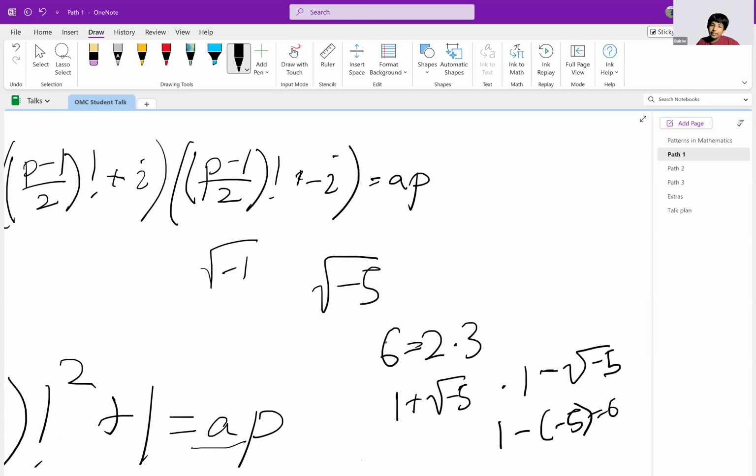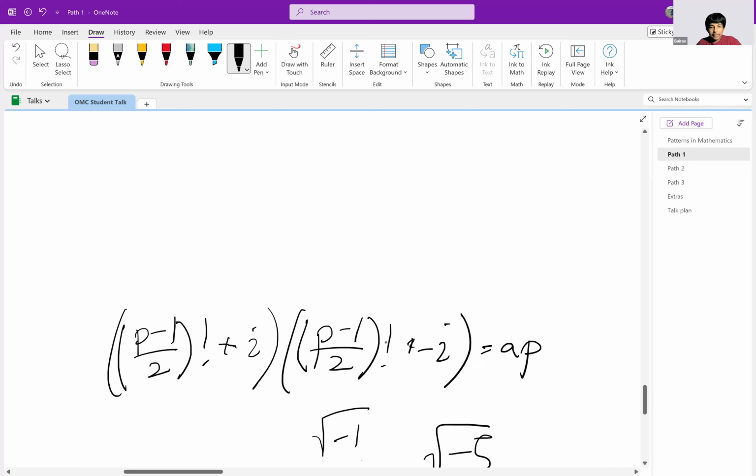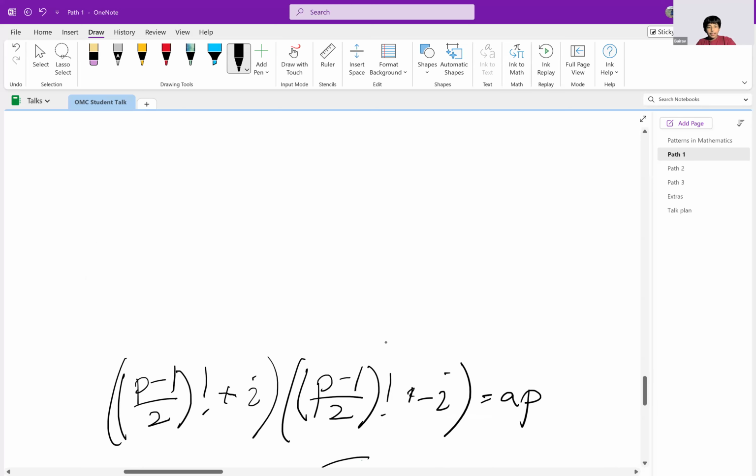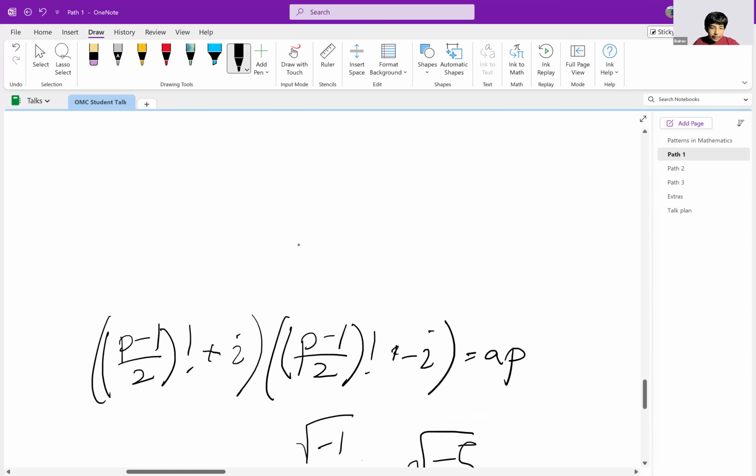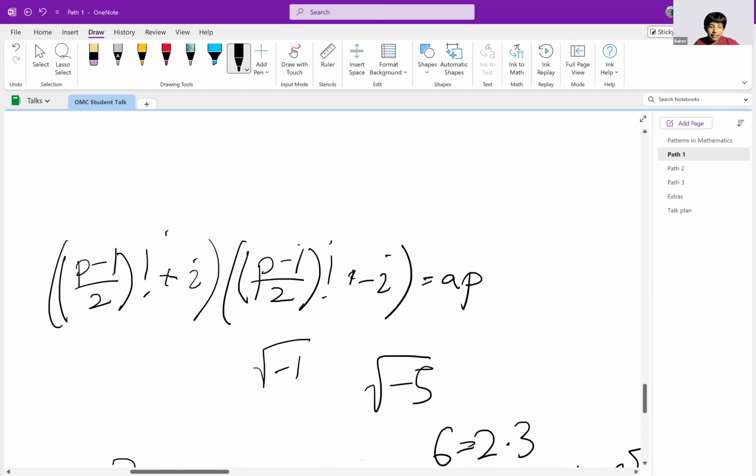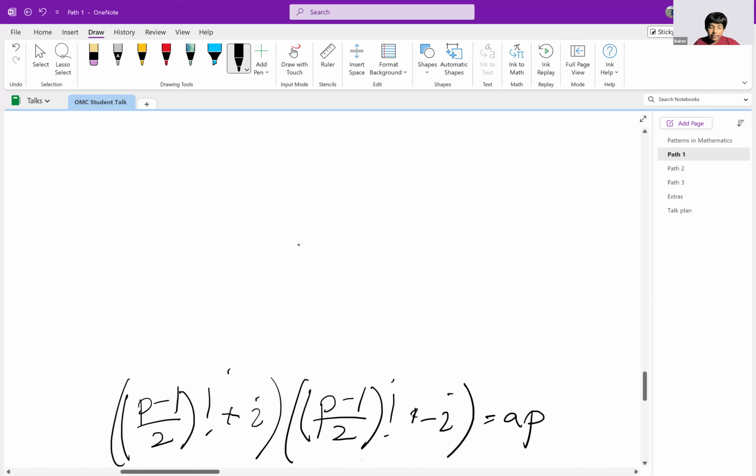So it isn't necessarily there, but in this case it is there, which in fact allows us to factor this and this both into primes in the Gaussian integers.